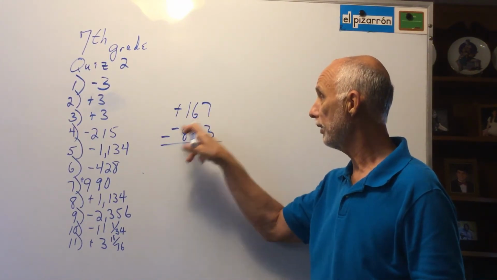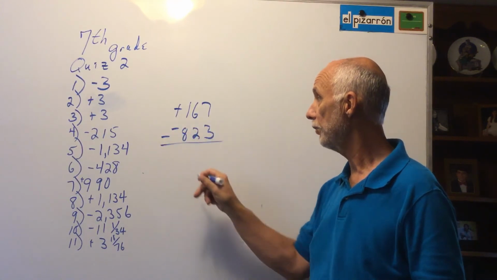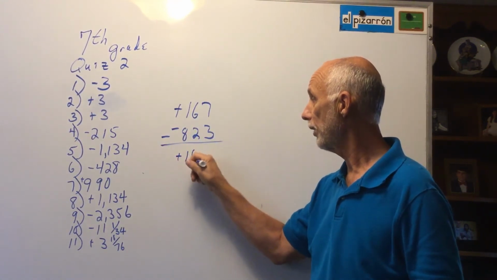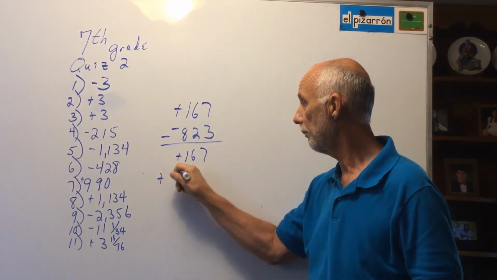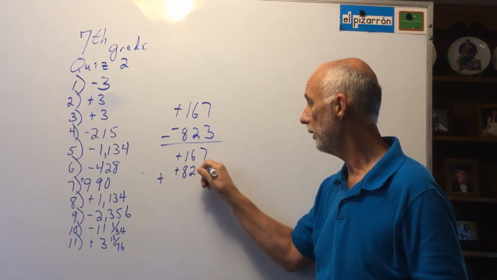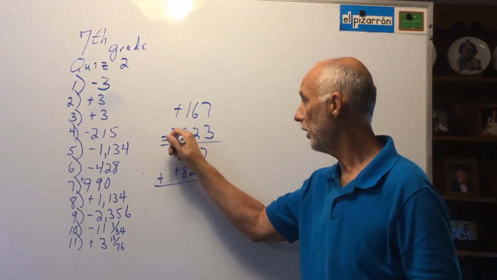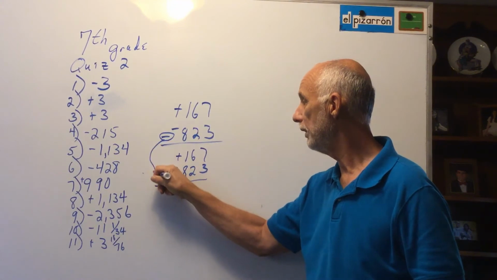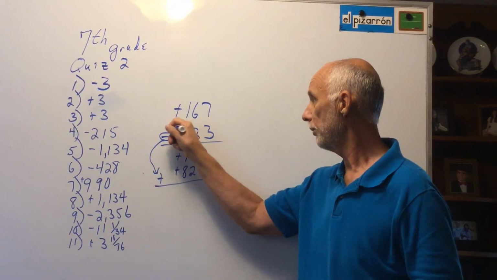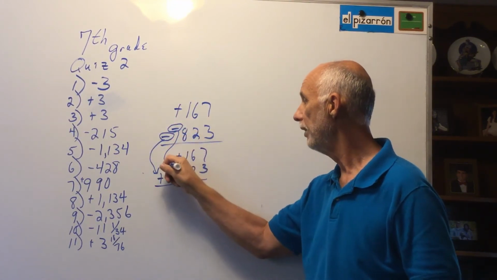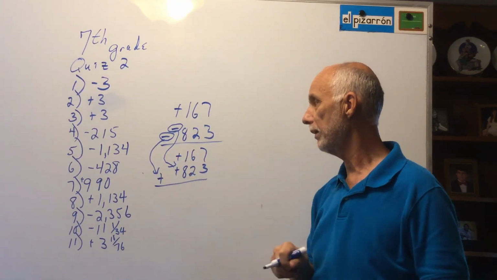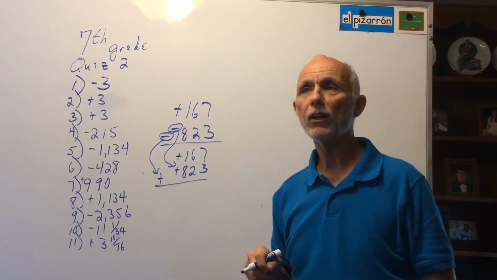So a positive 167 minus a negative 823 is a positive 167 plus a positive 823. And again, I change subtraction to addition by changing the number I subtract by, which was negative, to its opposite, which is positive. And then I follow the addition rule.